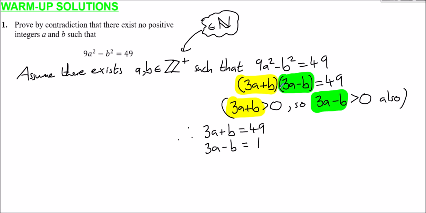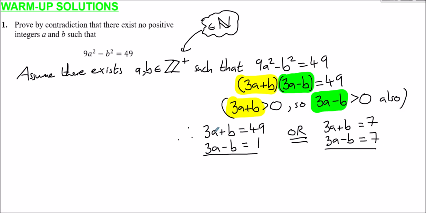So they're two positive possible factors, 49 and 1. Or what other two numbers would multiply to make 49? Well, we could have 3a plus b is 7, and 3a minus b equals 7. So let's see if these have any valid solutions.